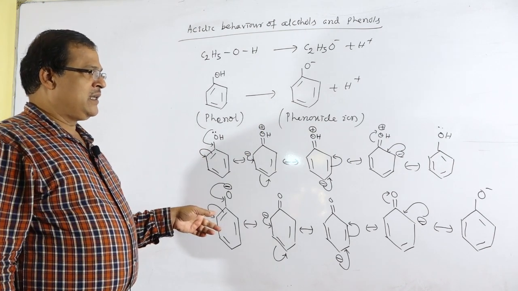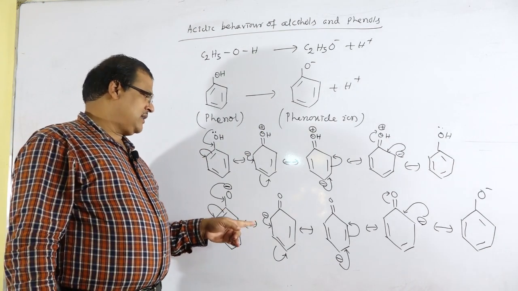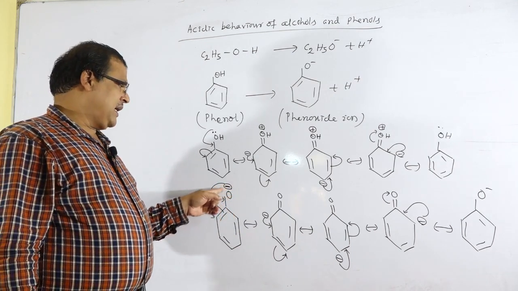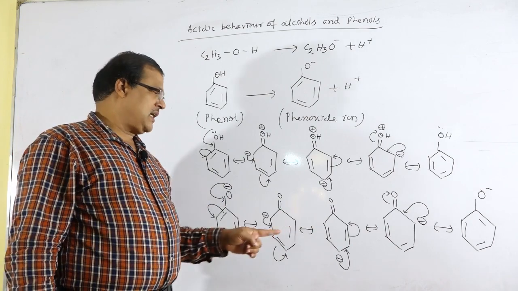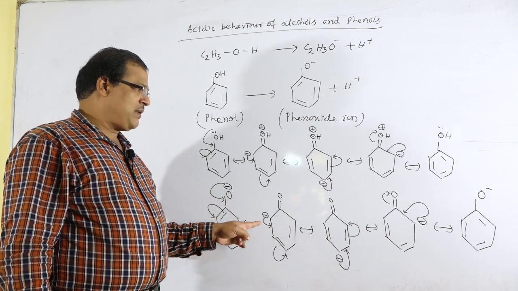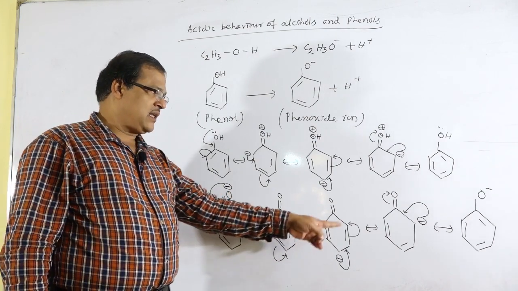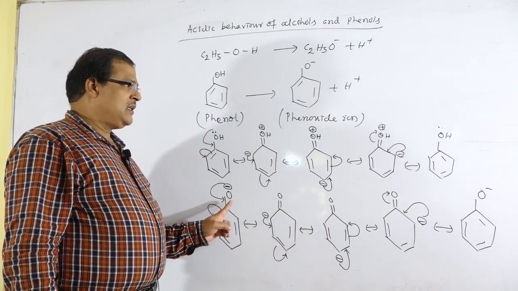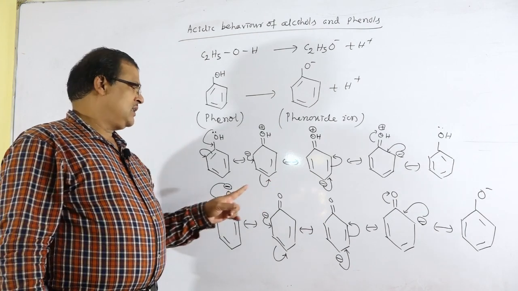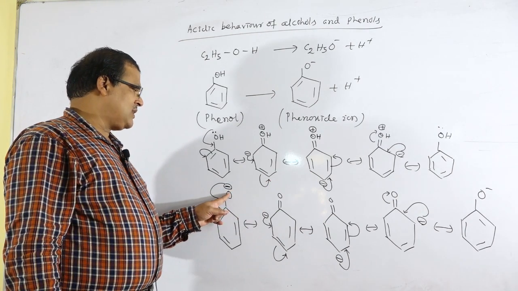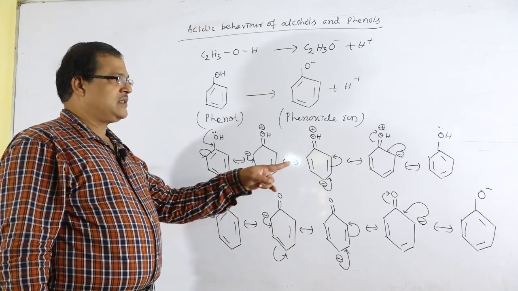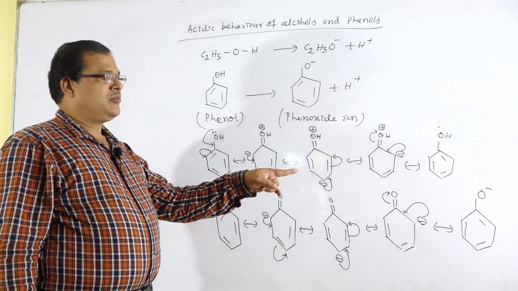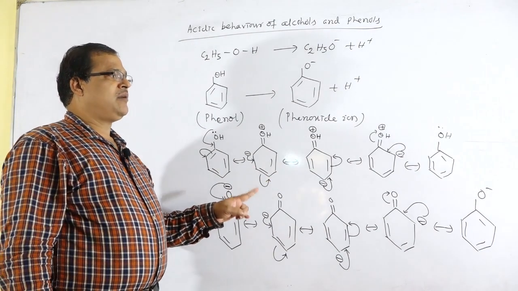If we take the case of the phenoxide ion, there is no such charge separation. There is only negative charge, and no positive charge. If you compare the first and last structures, the more electronegative element, oxygen, contains the negative charge, which means its stability becomes more.